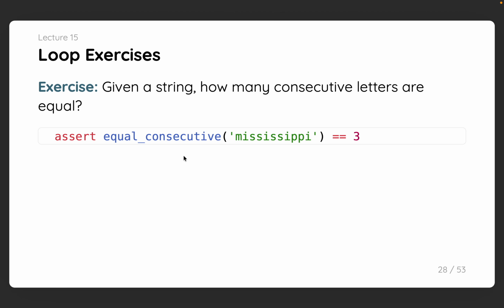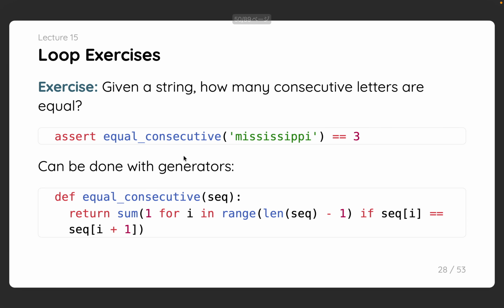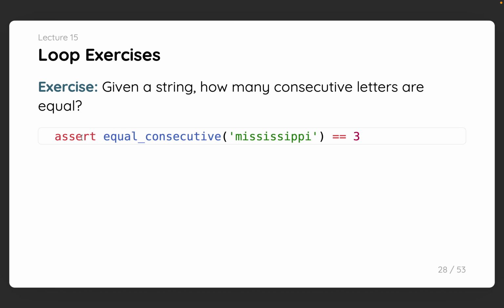Okay, so how about this? So remember that we had this in one of the first few lectures for the second arc when we were discussing for loops. So given a string, how many consecutive letters are there? So assert this.